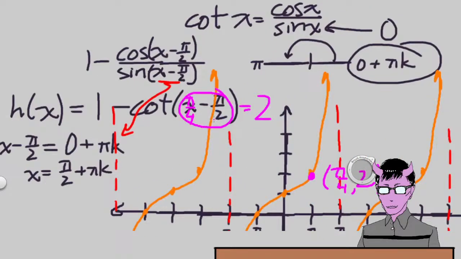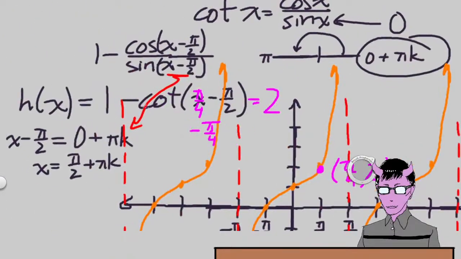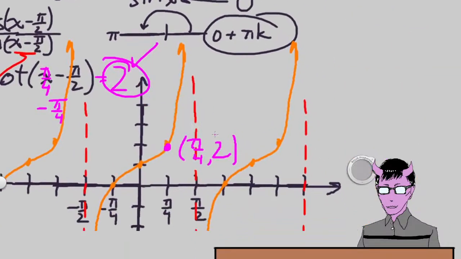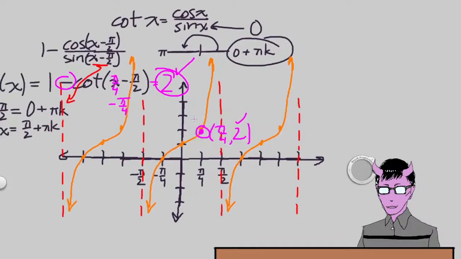So pi over 4 minus pi over 2 is negative pi over 4. Cotangent of negative pi over 4, we already did that, but it's been erased, it's negative 1. 1 minus negative 1 is positive 2, so that is pretty nice confirmation that this test point is consistent. Therefore, this graph is probably good to go.